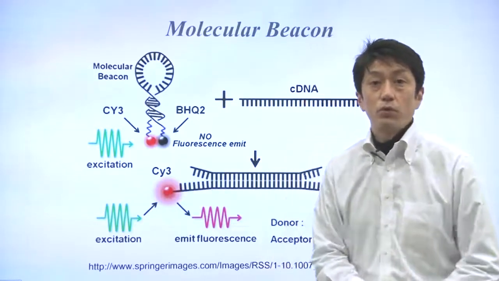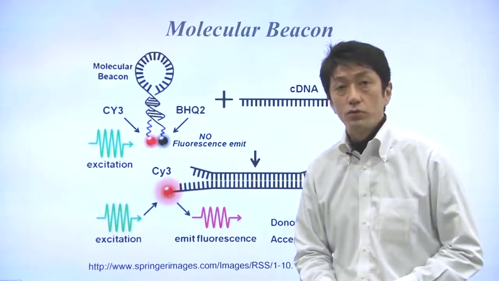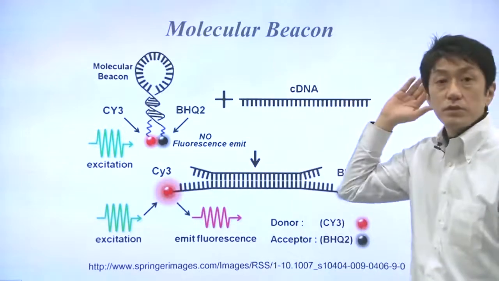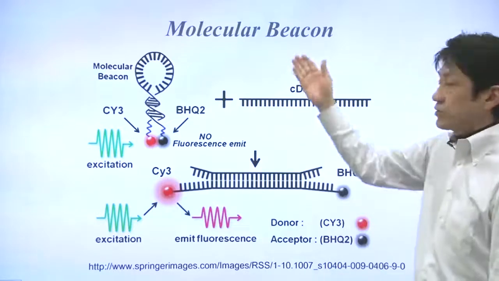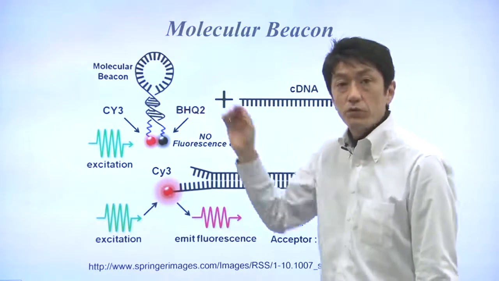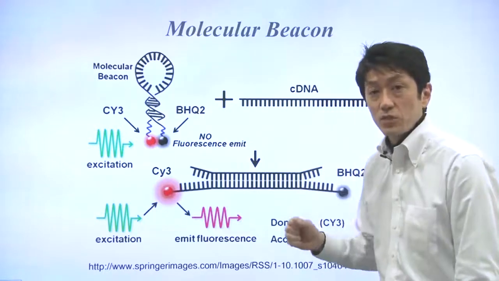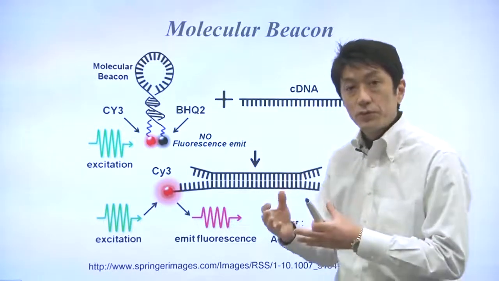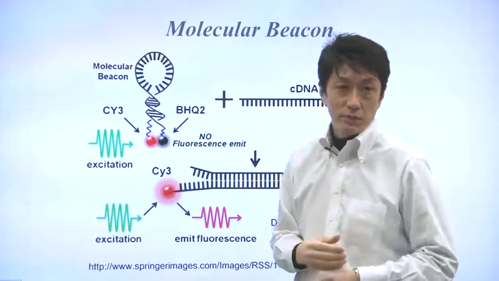One great example would be the technology called molecular beacons. Molecular beacons are hairpin-shaped oligonucleotide hybridization probes that can report the presence of specific DNA sequence.